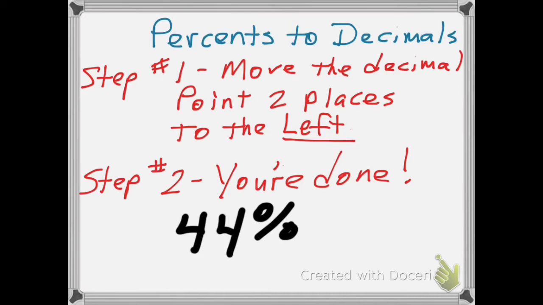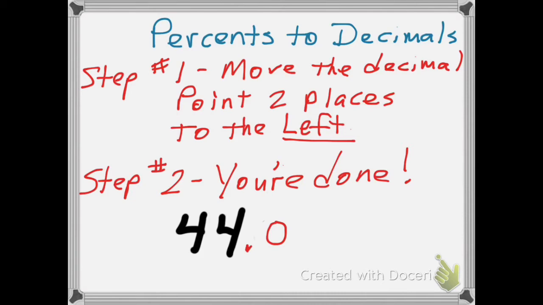So if we look at the number 44%, that's just like writing it without the percent. So we would just call it 44. One way to write 44 is 44.0. We could do that with as many zeros as we want. We could always do that.